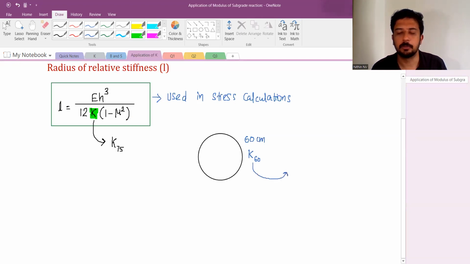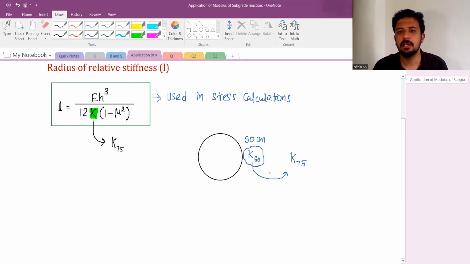Using this value, by applying a correction, I need to calculate the value corresponding to 75. Which means, suppose I were using a diameter of 75, what value might I be getting? That value I'm going to predict using the obtained value by applying a correction.